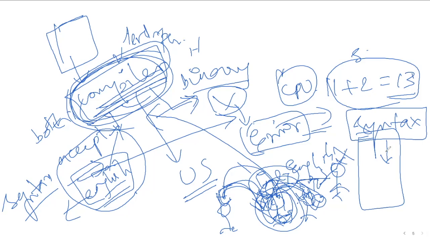The compiler has its own set of formats, grammar and structures. We need to give the data in that format. That format is otherwise called syntax. So there are two new terms I'm introducing to you guys: compiler and syntax. To tell you these two words only, I'm telling these mini stories.